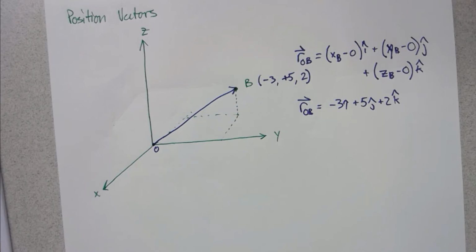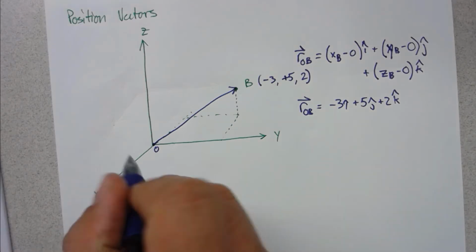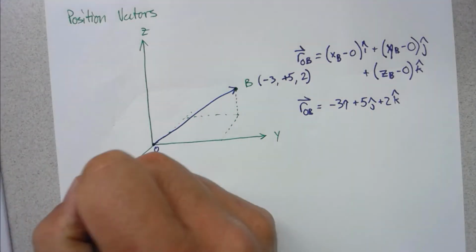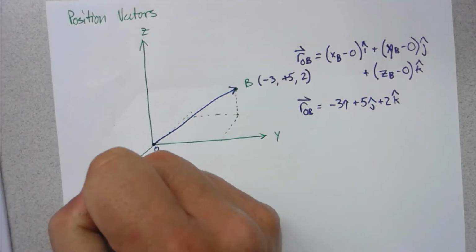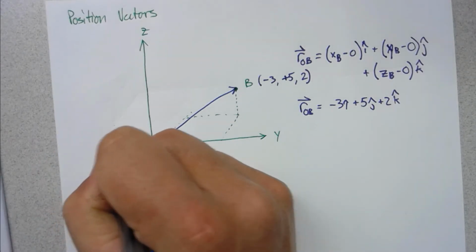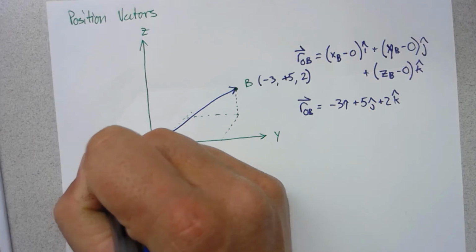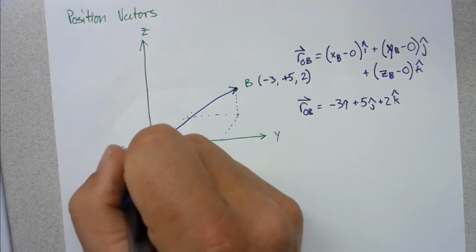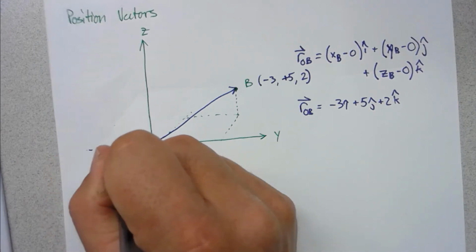Okay? Does that make sense? Everyone good with how to figure out the position vector of B? So let's say I have another point right here that I'm going to call A. And A is located there.